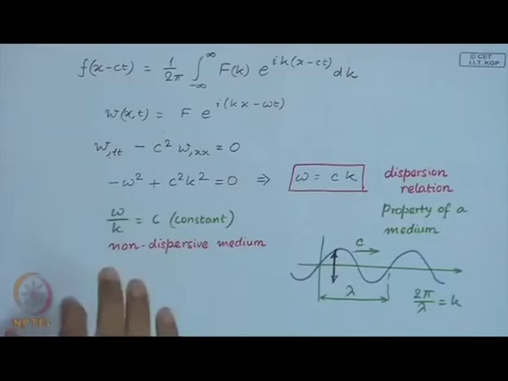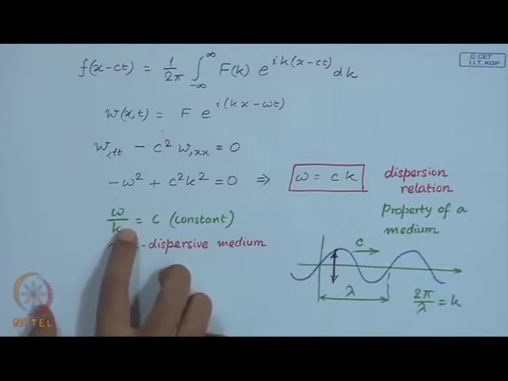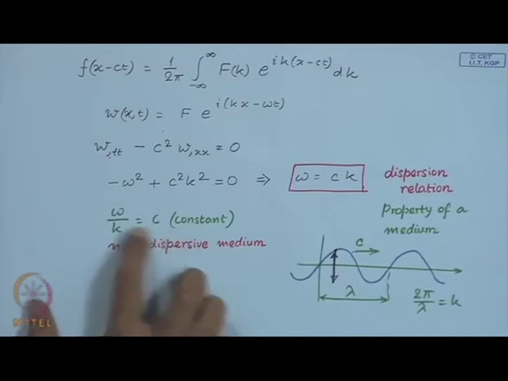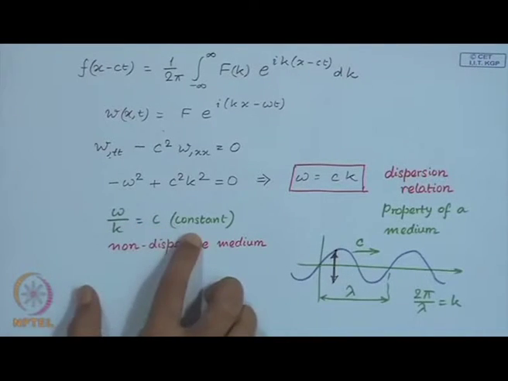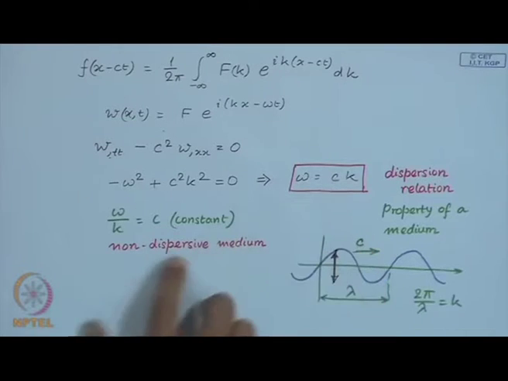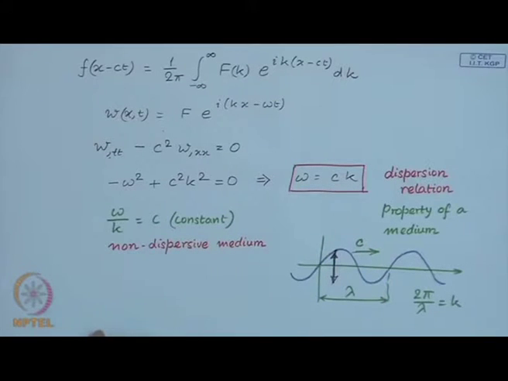The medium decides what should be the relation between the wave number and the frequency of a travelling harmonic wave. If this relation is such that omega over k, as you see here, is a constant, not a function of either omega or k, then the medium is known as a non-dispersive medium. Now, let us understand briefly what dispersion is.